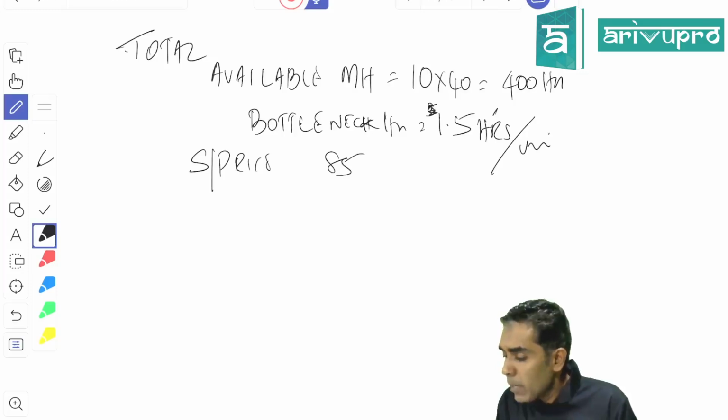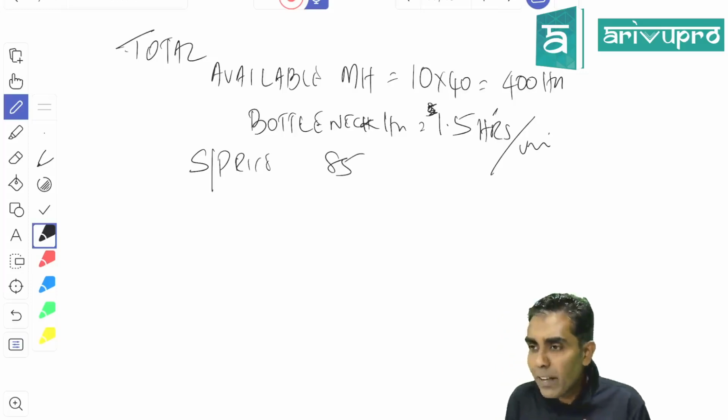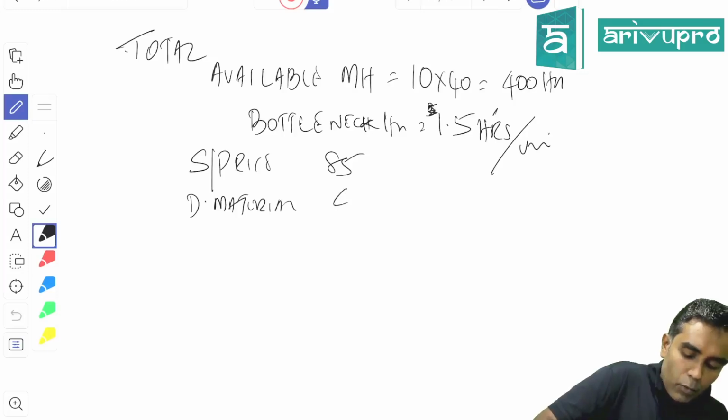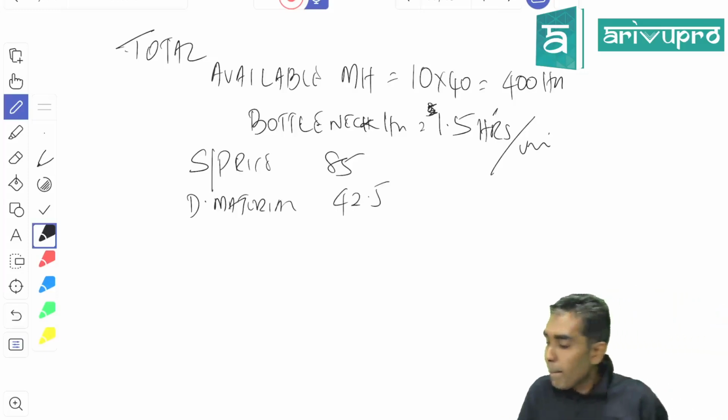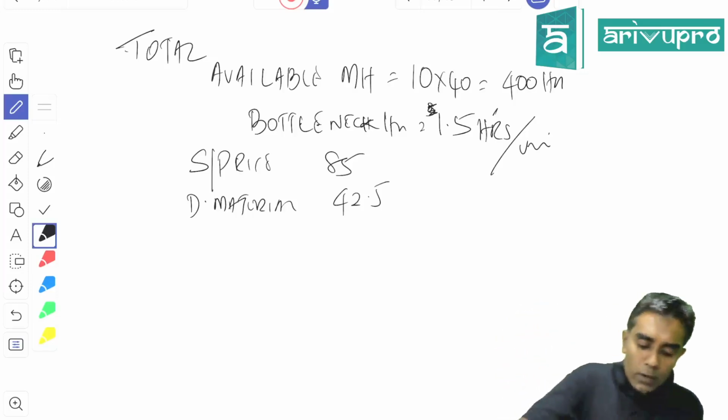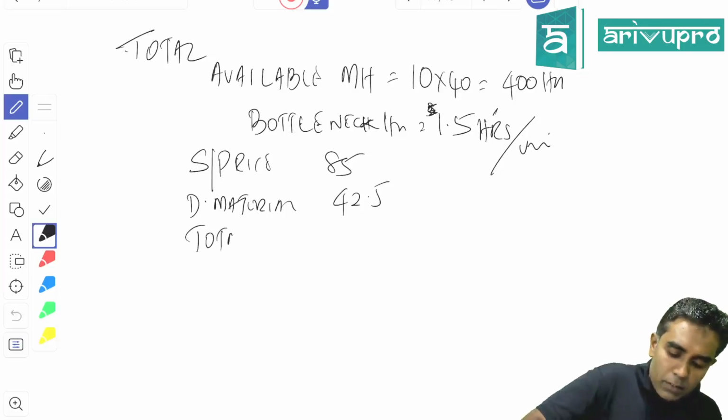And the direct material cost per unit is 42.5. Total factory cost, 8,000.